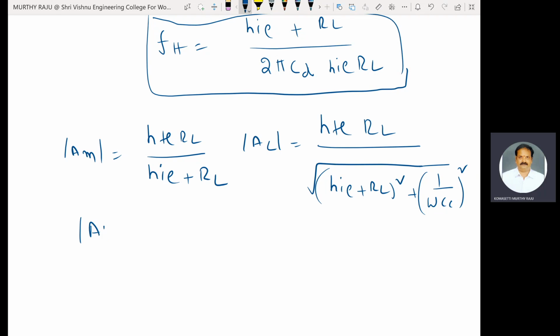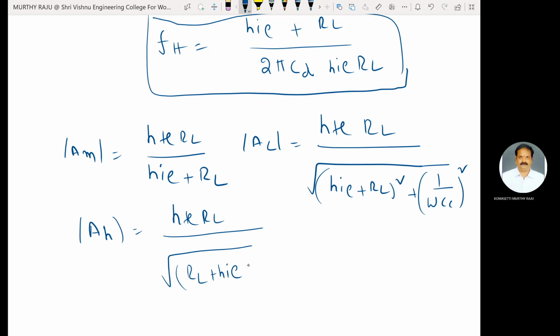Next, mod AH is equal to HFE RL by square root of RL plus HIE whole square plus omega CD HIE RL whole square.